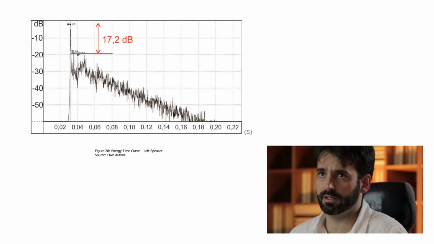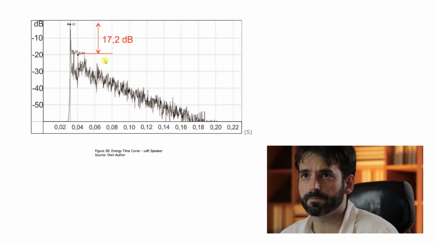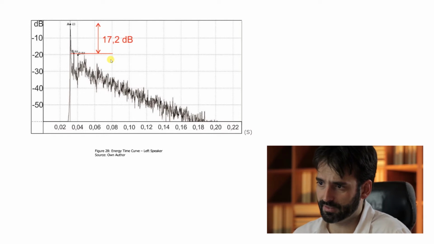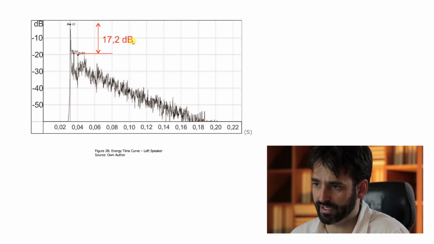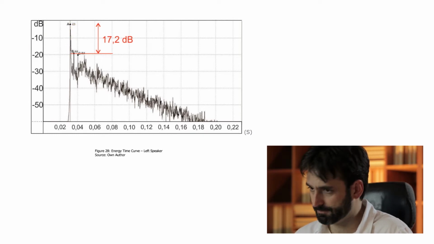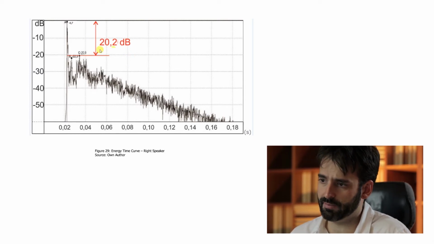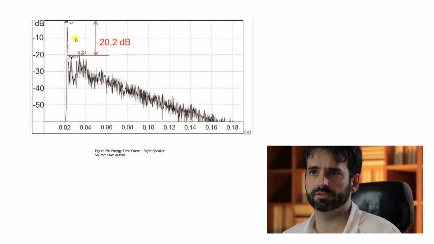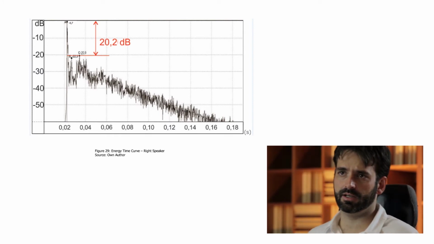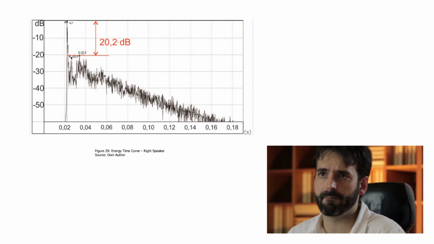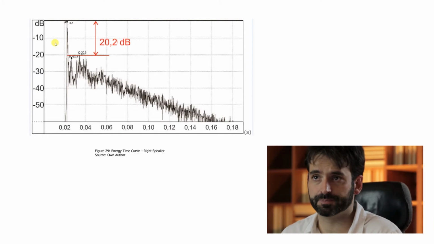We can see here the left monitor is 17.2 decibels between A and B and C. And right here, our right monitor is 20.2 decibels between the direct sound and the reflected sound.